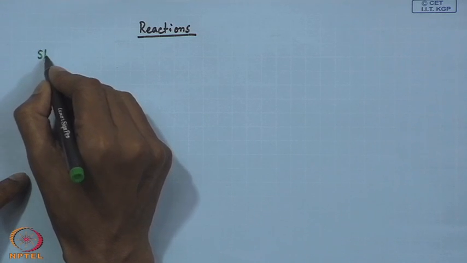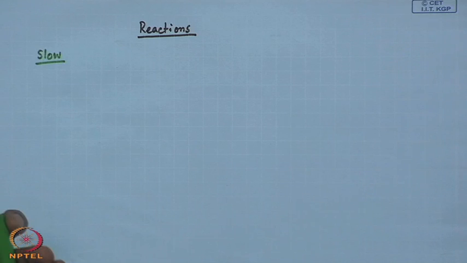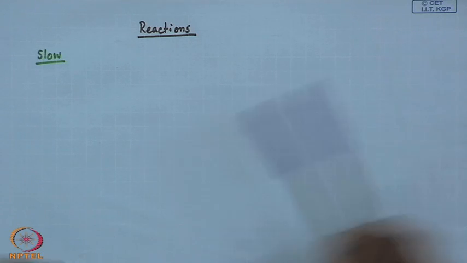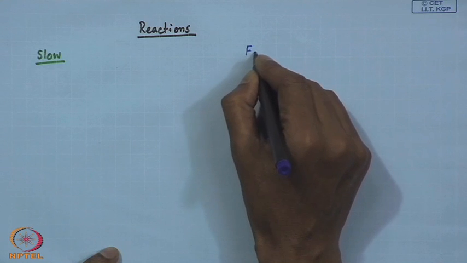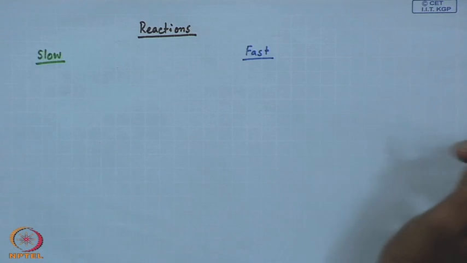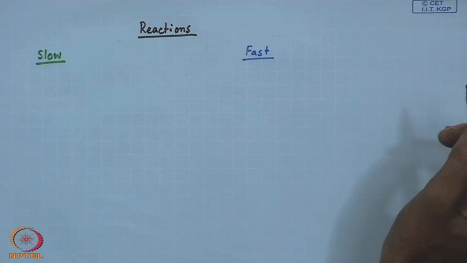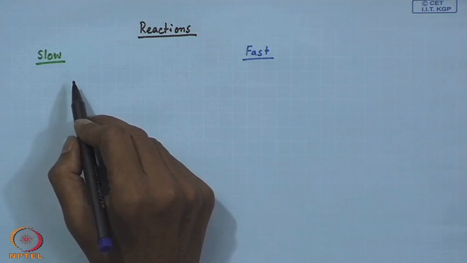Some reactions can be categorized as slow, as we have seen in our last class, and some of these reactions we can consider as fast reactions. It is the inherent property of the metal ions as well as the ligands which shows these reactions.